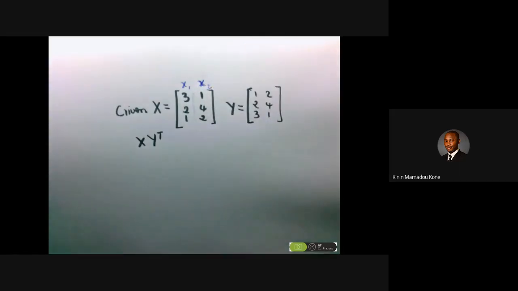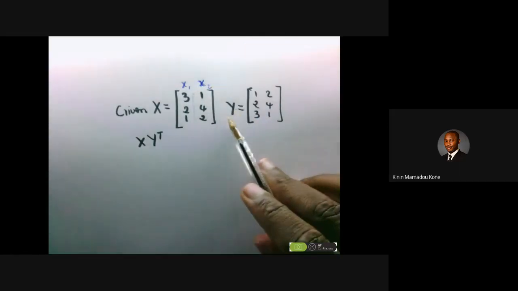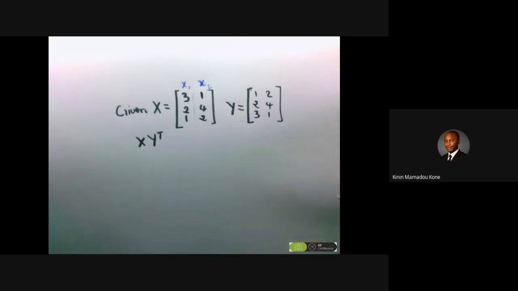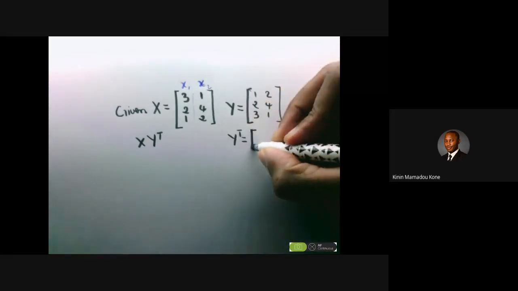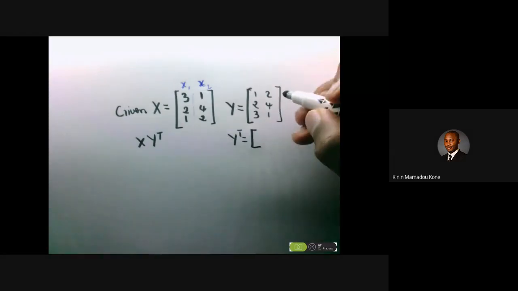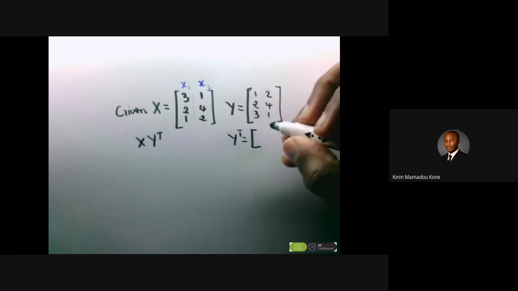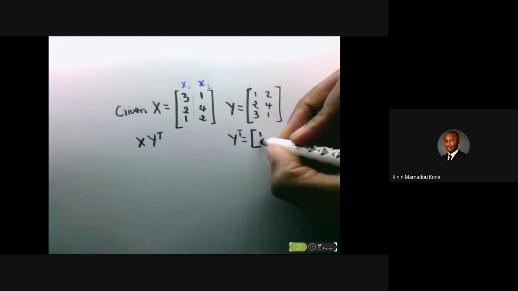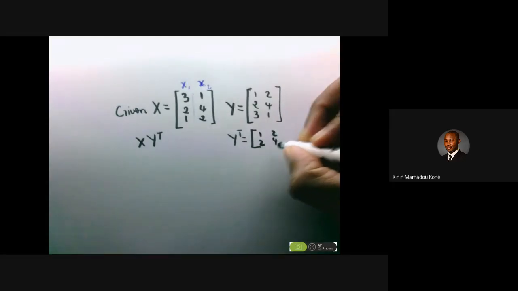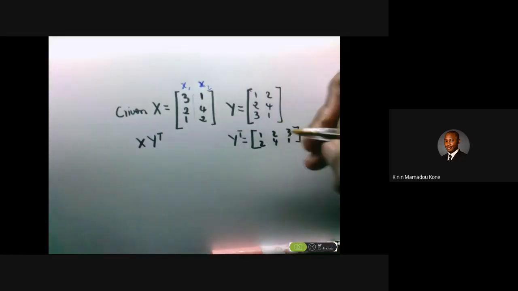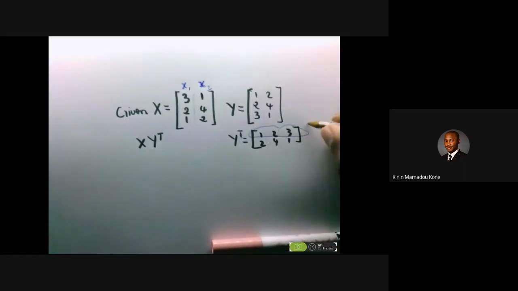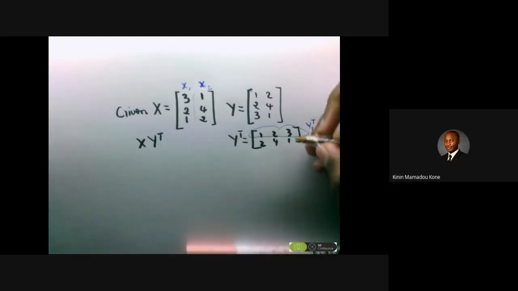Now we need the transpose of Y. Y transpose will look like this, so the rows become columns and vice versa. So one, two, two, four, three, one. Here our y1 transpose is this one, and our y2 transpose is this one.